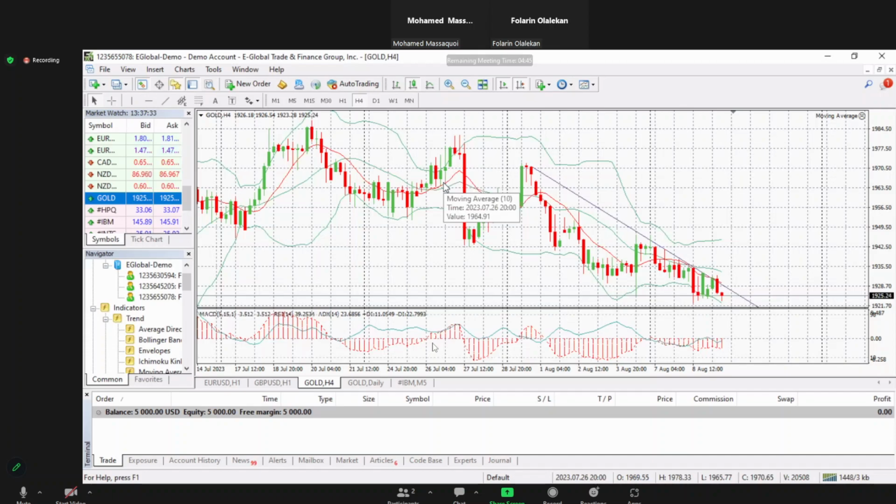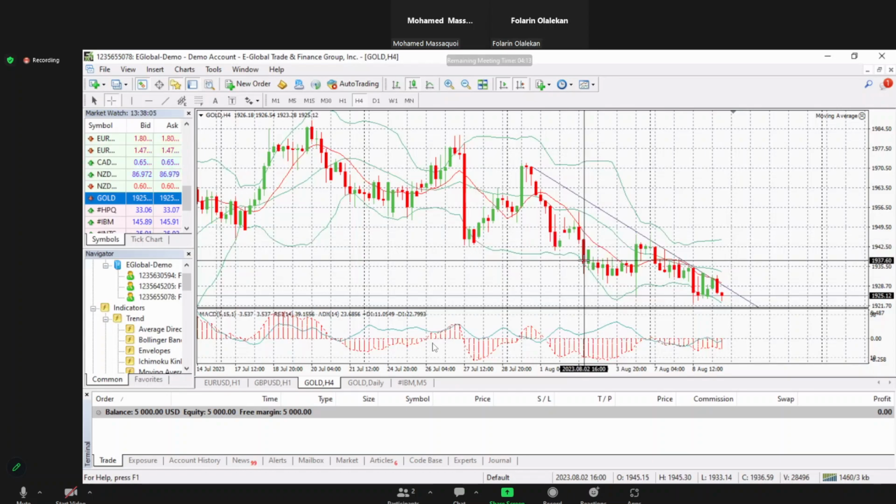Take for example here. Let me show you. This is a legitimate trade. This place here, the ADX is lifted up for strength. The histogram is lower than the previous histogram. And see, the entry price is far from the lower Bollinger band.